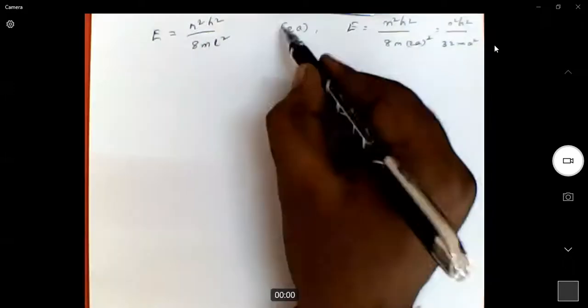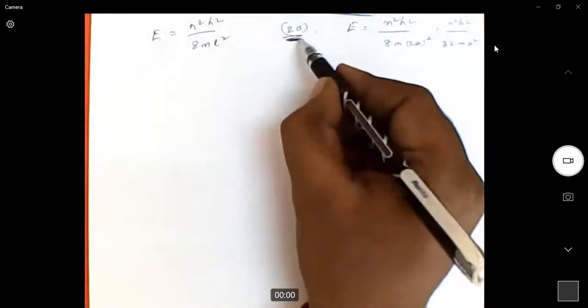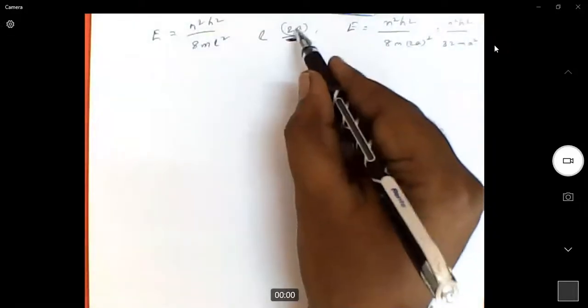So this is different. You need to remember what the box length is. If the box length is L, this is the expression. If the box length is 2L, this is the expression. Or if the box length is something else, you just substitute that value for L in this expression.